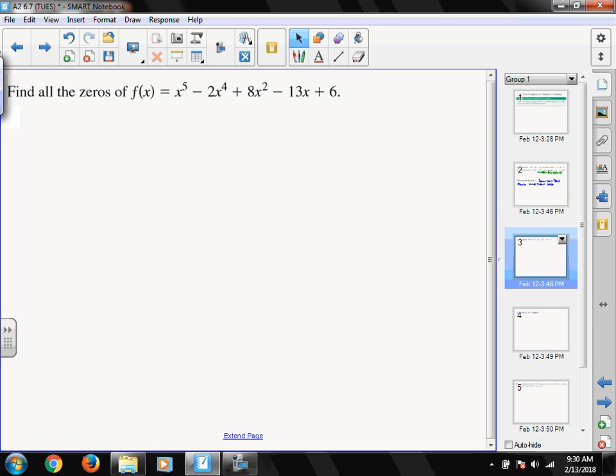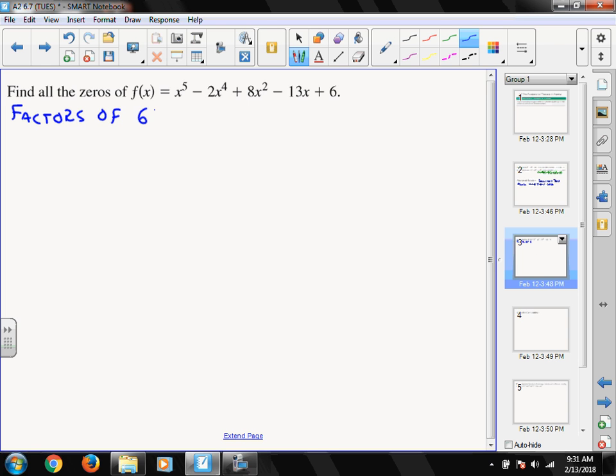So first thing we're going to do today is we're going to find all of the zeros of x to the 5th minus 2x to the 4th plus 8x squared minus 13x plus 6. So what do I need to find factors of? 6 and x.